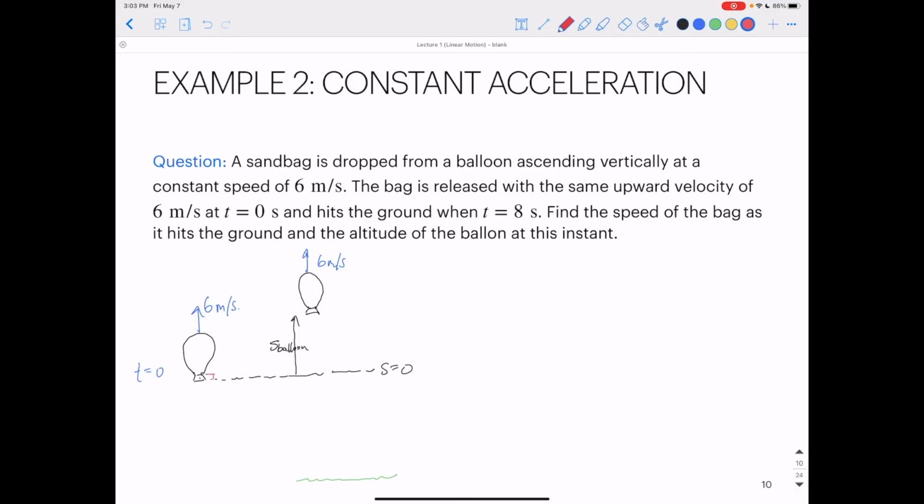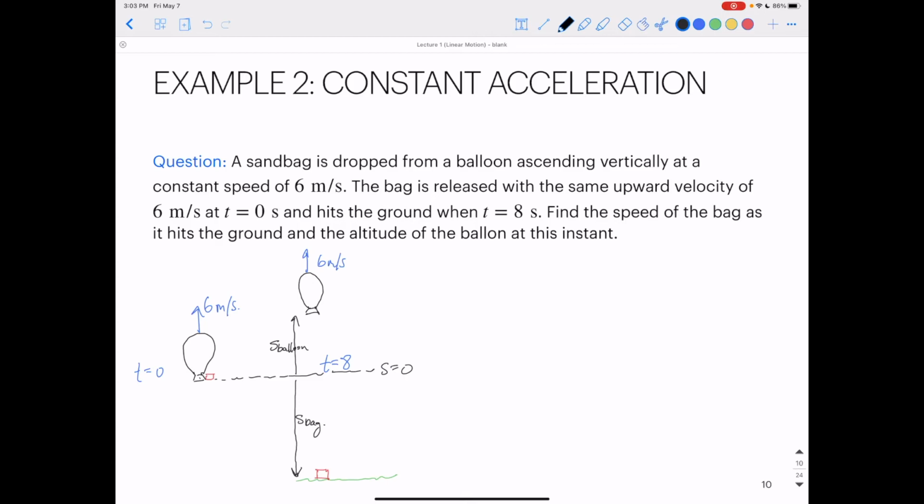Our sandbag starts with the balloon at t equal to 0, and then right at that instant it's dropped and it lands on the ground sometime later when t is equal to 8 seconds. Let's call the position where that sandbag is on the ground s of the bag.